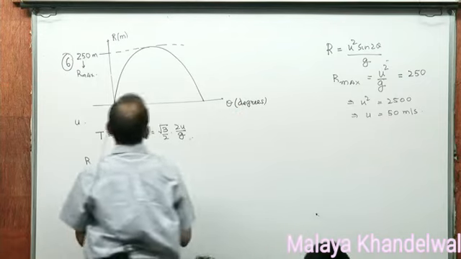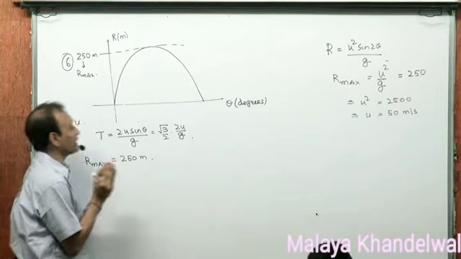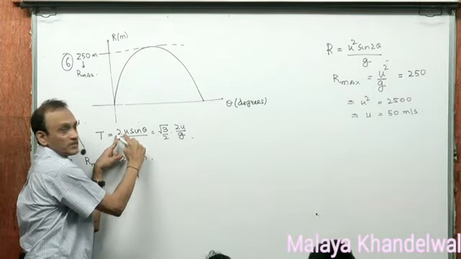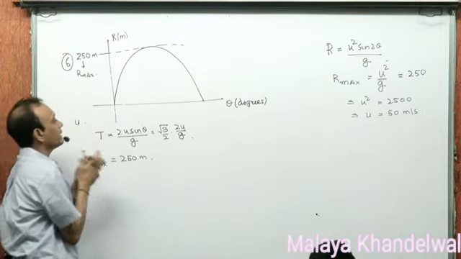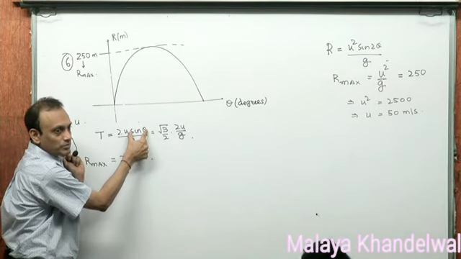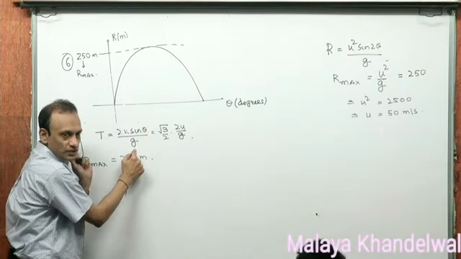Also, what's given is, the particle is launched at an angle theta such that the time of flight, which is given by 2u sine theta by g, is root 3 by 2 times the maximum time of flight. How do you get the maximum time of flight? When sine theta is 1, you'll get the maximum time of flight. So maximum time of flight would be 2u by g.